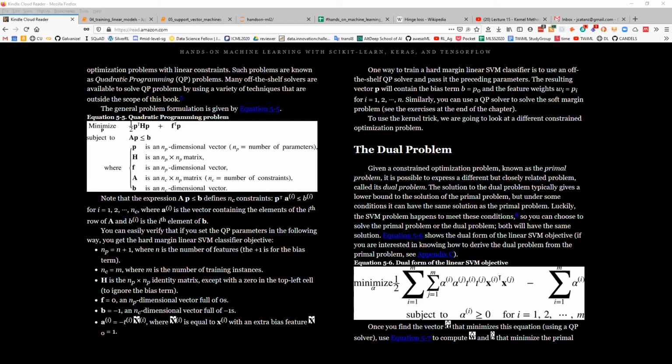So let's see. Question. Yeah, I had a quick question. I've read some time back that finding the kernel is almost like an art. Any thoughts about that? Like finding the right kernel for your problem.